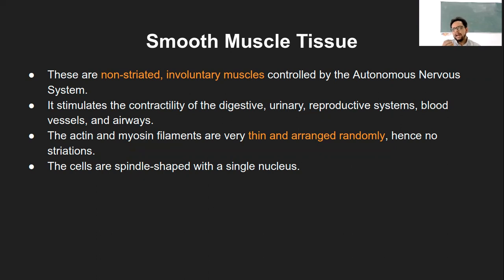So the contraction and relaxation of that muscle sphincter creates the opening and closing movement. Also, the bladder is squeezed a bit so that the urine passes down through the urethra. That is another type of contractile movement in the urinary system.